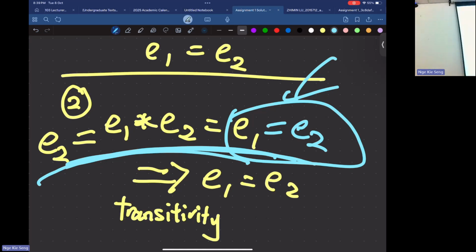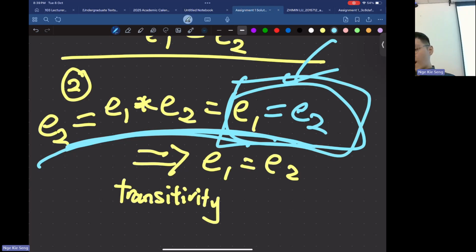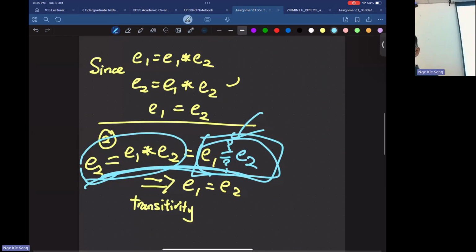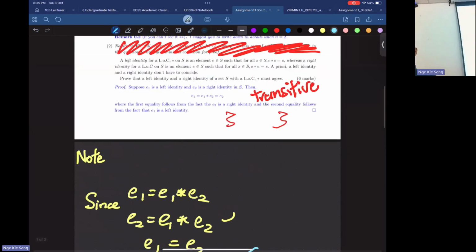If you write it at the back, it seems like you have another reason why this is true, which I still don't know, unless I know that E2 equals E1 times E2 also. So by transitivity, we know that E2 equals E1. Okay? I think these are the two main problems for this question.